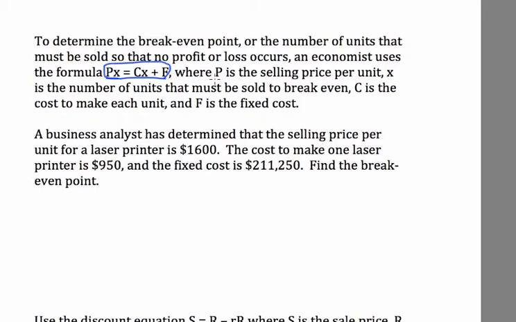It says P is the selling price per unit. X is the number of units that must be sold to break even. So X is the break-even point. C is the cost to make each unit, and F is the fixed cost. Sometimes I even make myself a little cheat sheet on the side that tells me what each thing is.